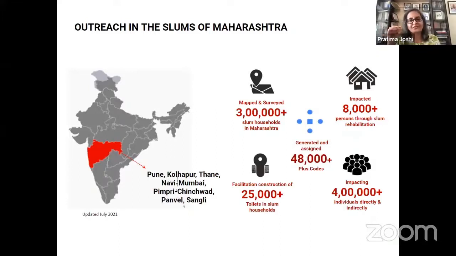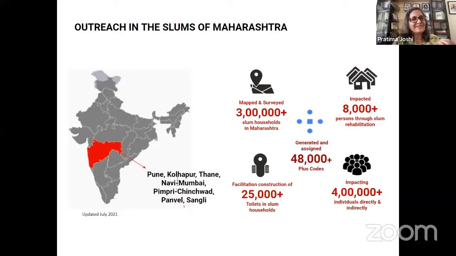Because of this data-driven approach, we have been able to impact more than 4 lakh people directly or indirectly with sanitation, and directly we've been able to impact more than 1,20,000 people with a home toilet. And we have provided over 8,000 people with secure tenure.